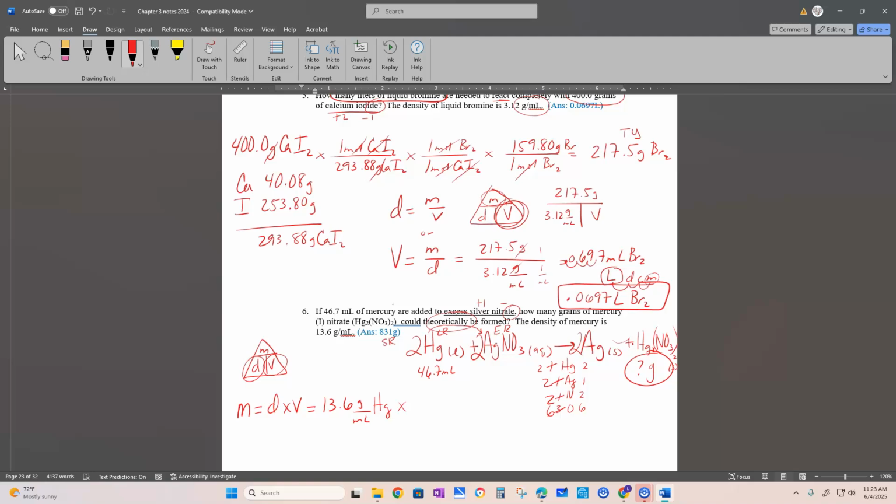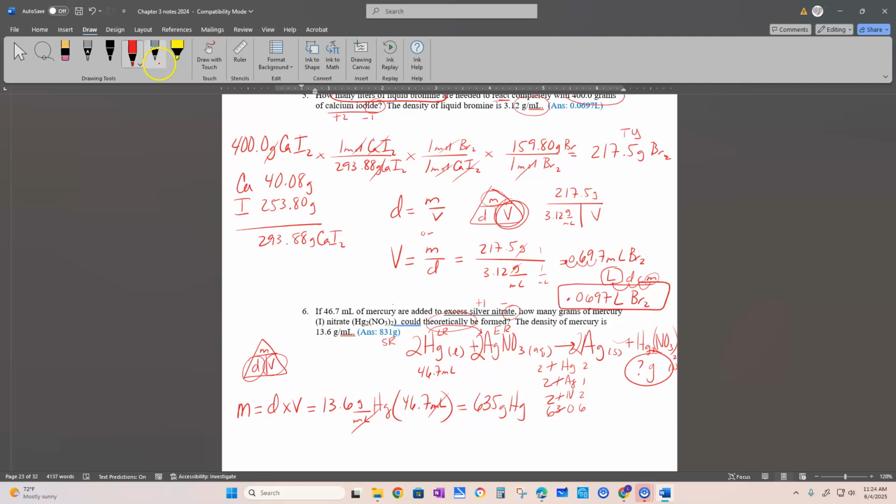And because it's mils, if you don't want to draw an X, you can make it look like parentheses instead, because that way you can see what's going to happen with the units. 46.7 mils. So mils cancel. And 13.6 multiplied by 46.7, and looks like 3 sig figs, we're going to get 635 grams of mercury.